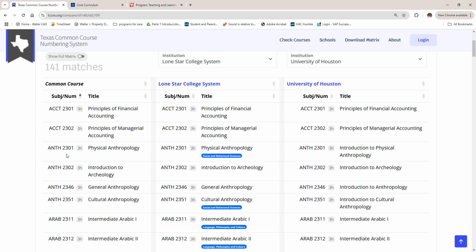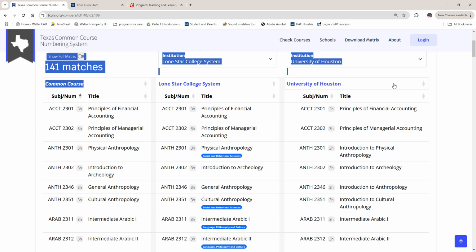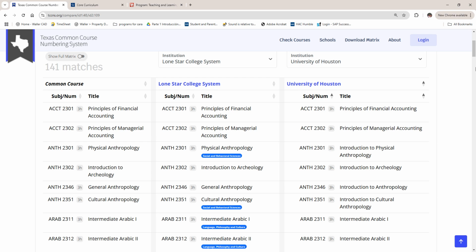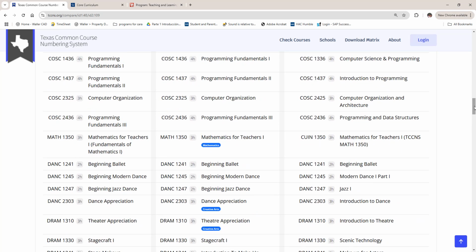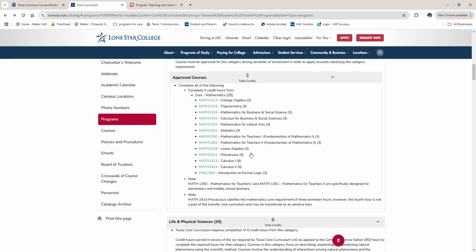For the classes that don't have the exact same number, it says what the common course number is and then what the corresponding course might be at the University of Houston. So if I scroll down, remember this middle section is my Lone Star College section, to see if that math is going to count, it's math 1342.